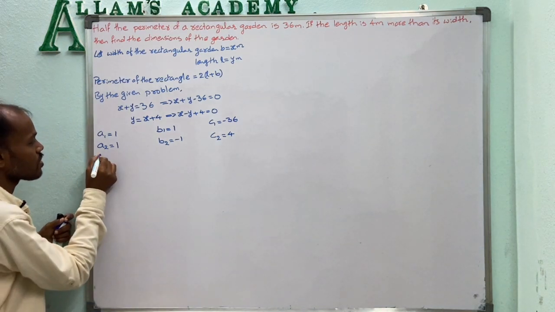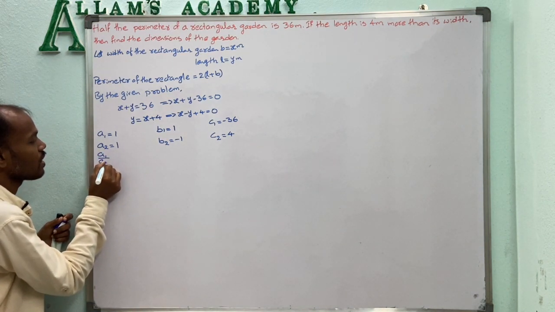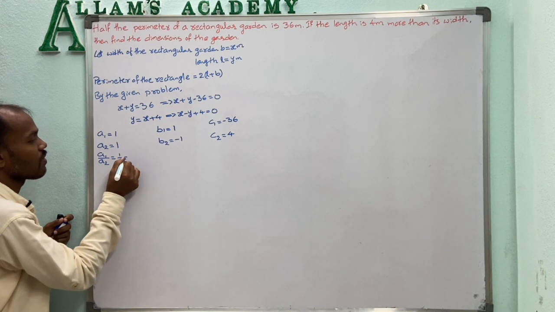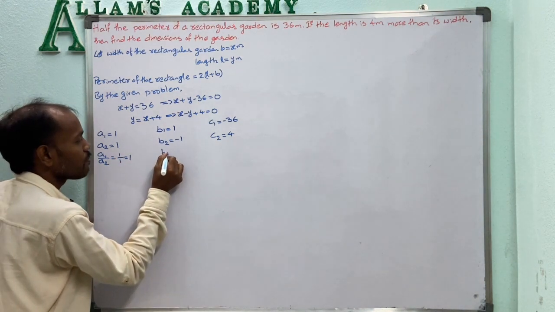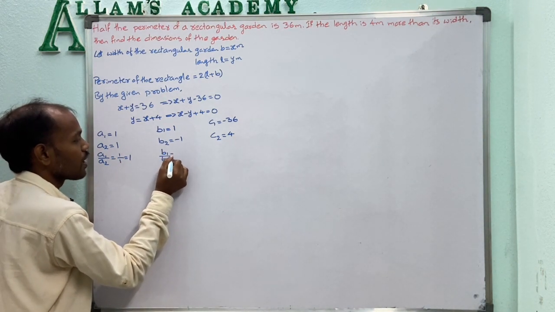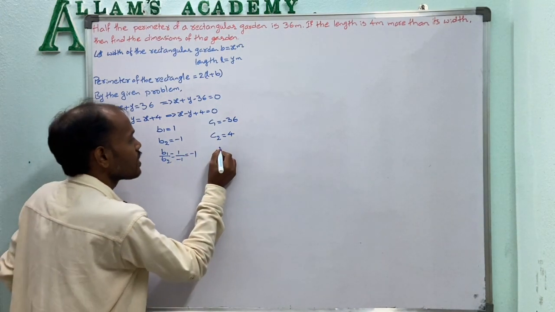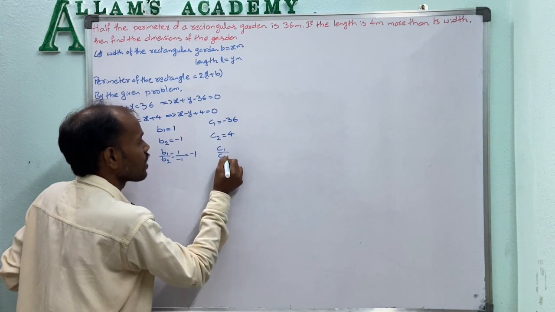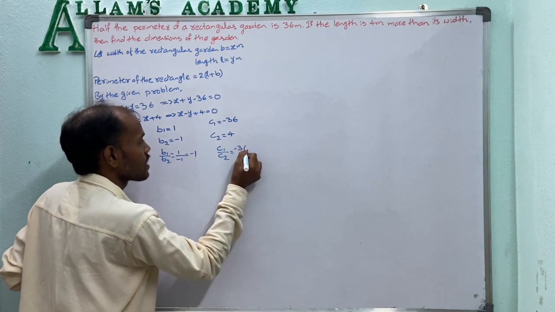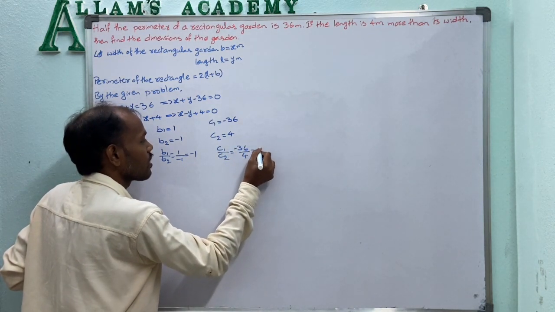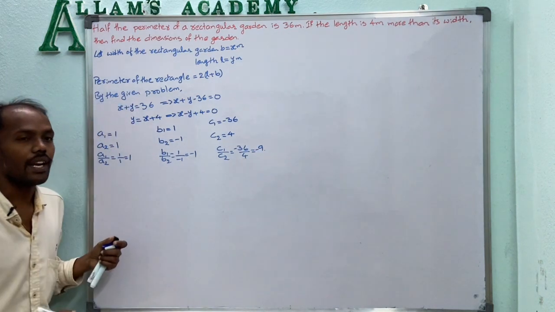Now the ratios: a1 by a2 equals 1 by 1 equals 1, b1 by b2 equals 1 by minus 1, that is minus 1, and c1 by c2 equals minus 36 by 4, that is minus 9.